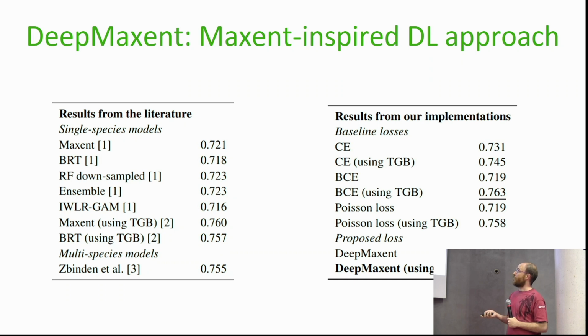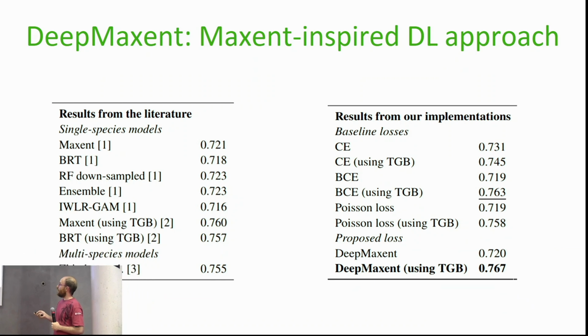And these are all the models that we ran with different losses. We consistently observe that with the approach that I described, which is literally you take cross entropy and you reverse the softmax, so you do the softmax in the other dimension, we consistently obtained better results than Maxent.